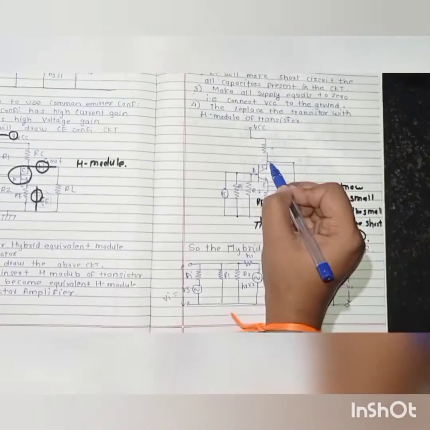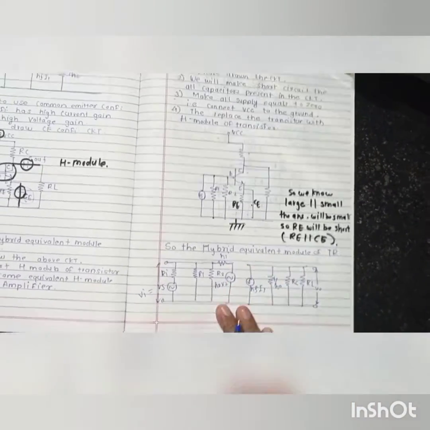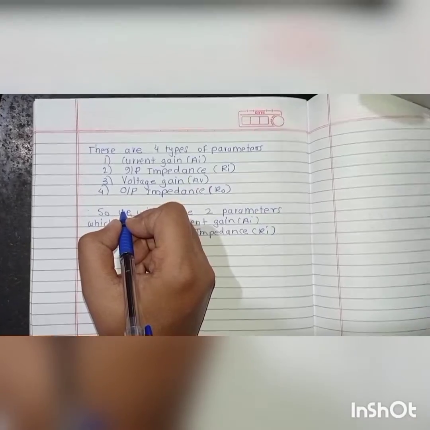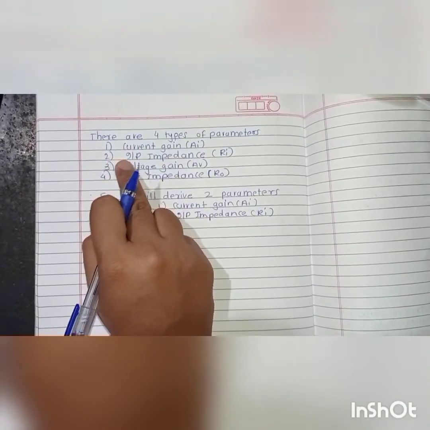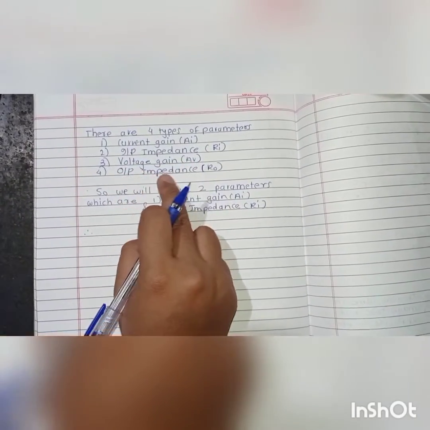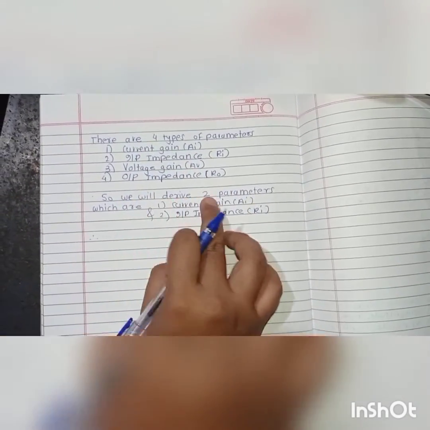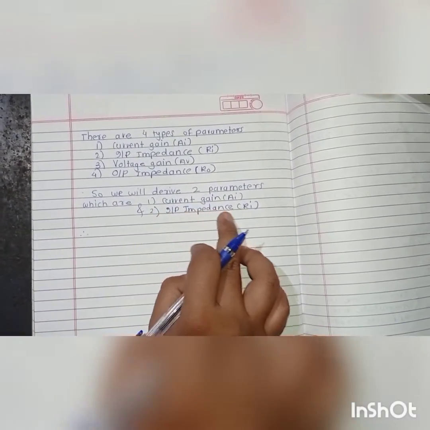So we replace this transistor by the hybrid model of a transistor. So now there are 4 types of parameters. First, current gain AI, second, input impedance Ri, third, voltage gain AV, and fourth, output impedance RO. So we will derive 2 parameters, which are first, current gain AI, and second, input impedance Ri.